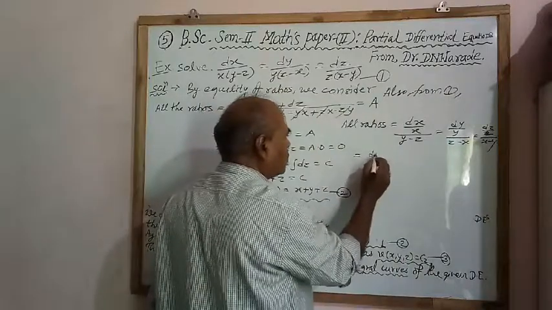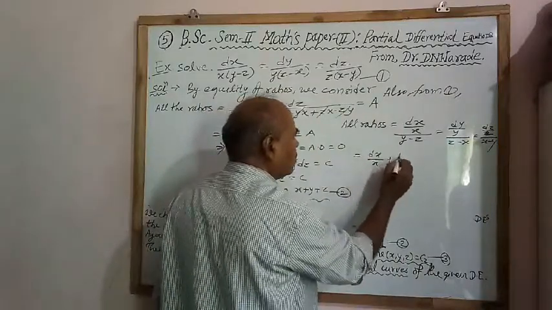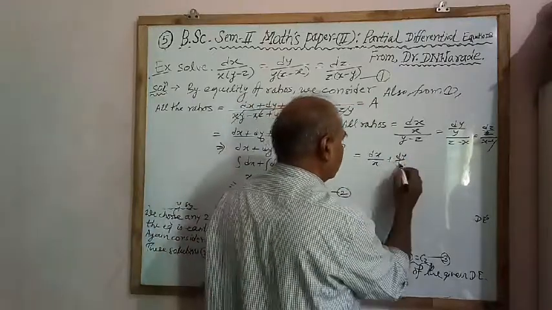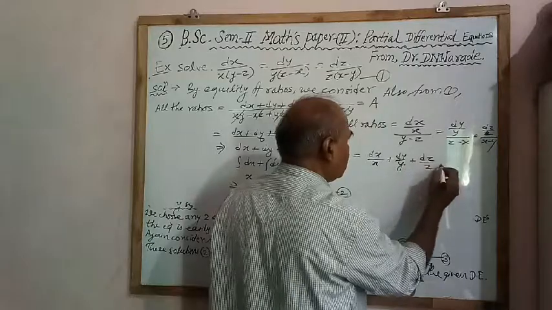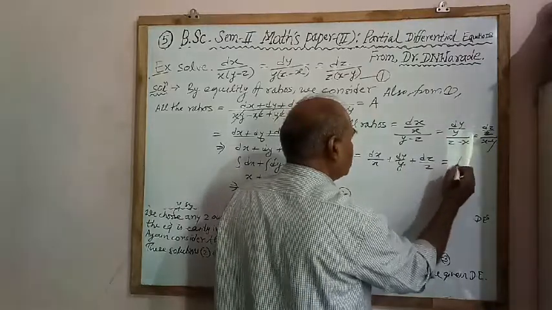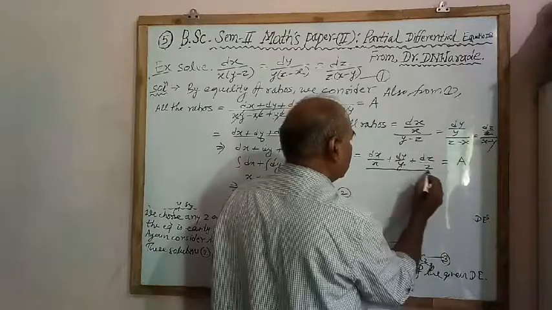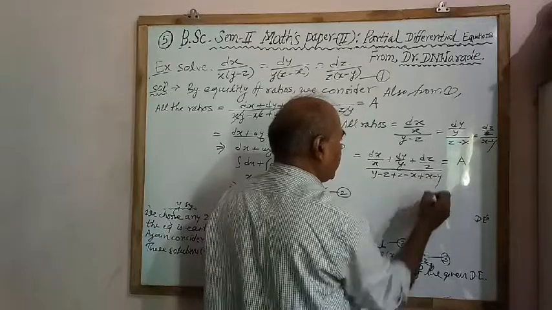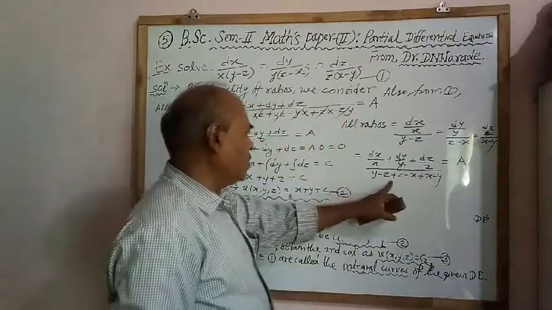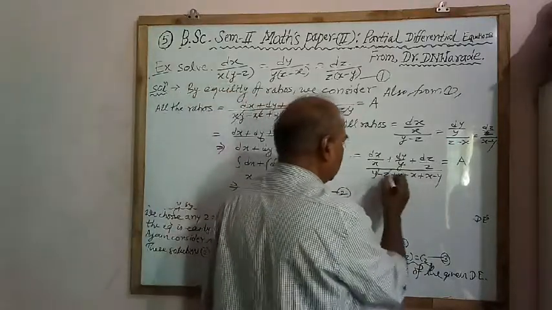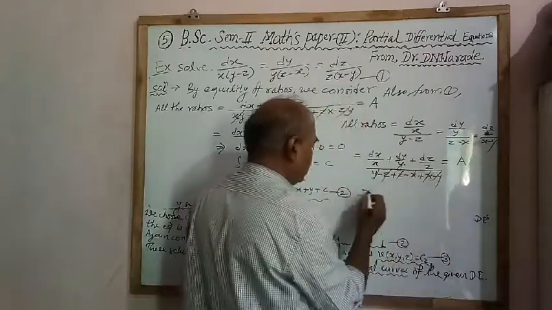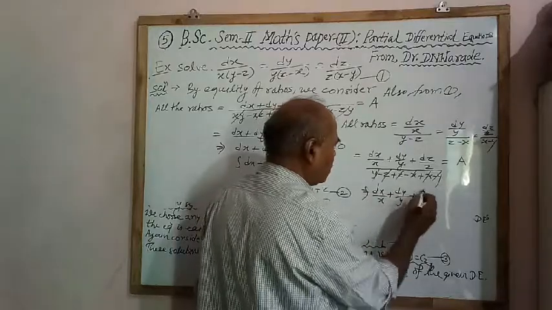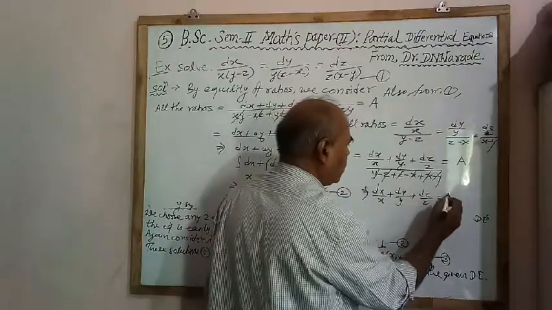Then we add: dx by x plus dy by y plus dz by z. Suppose all the ratios equal a, divided by y minus z plus z minus x plus x minus y. Now y cancels, z cancels, x cancels, therefore we get 0 in the denominator. Therefore dx by x plus dy by y plus dz by z equal to a into 0.